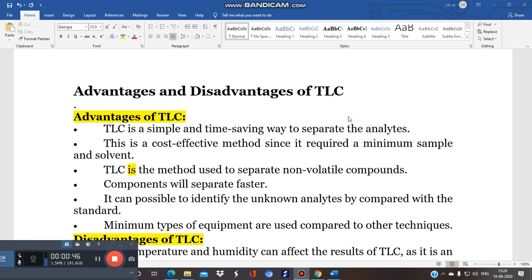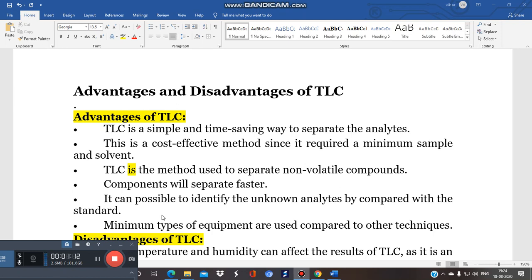So yes, TLC is a simple and time saving way to separate various analytes, or you can say various mixtures. TLC is widely used in the separation of plant pigments, in the identification of different types of plant secondary metabolites like alkaloids, glycosides, flavonoids.